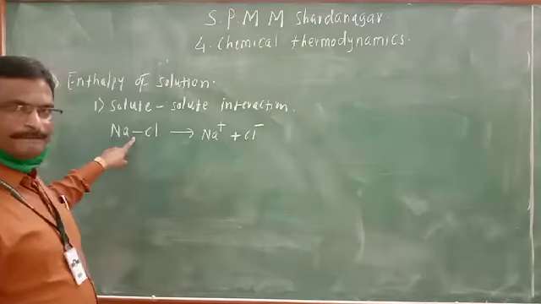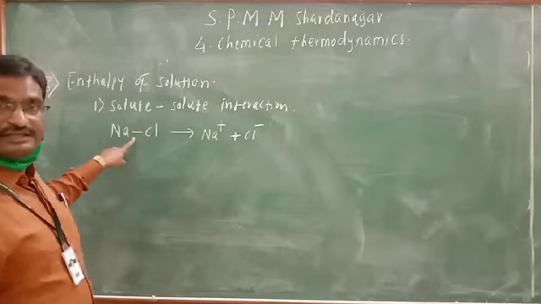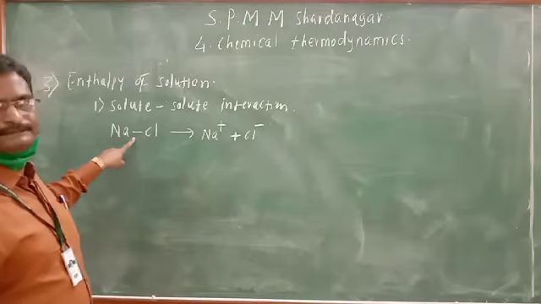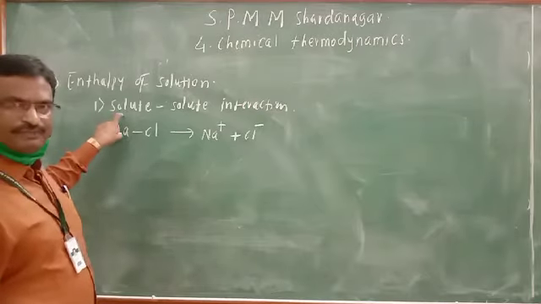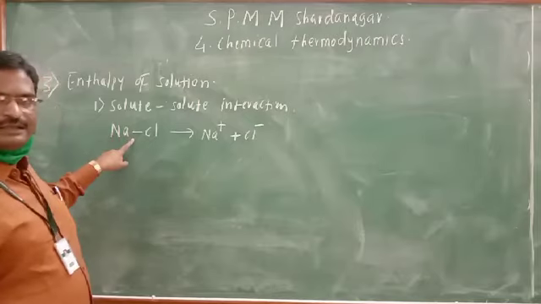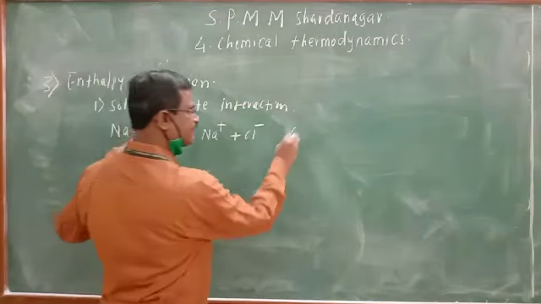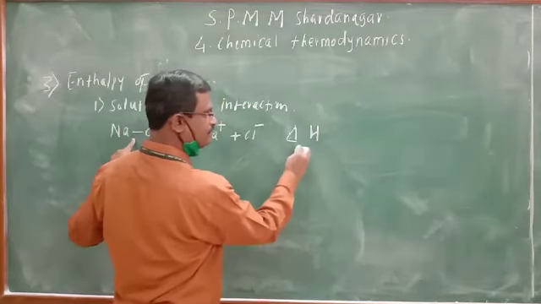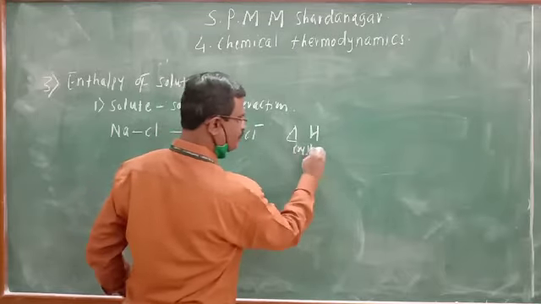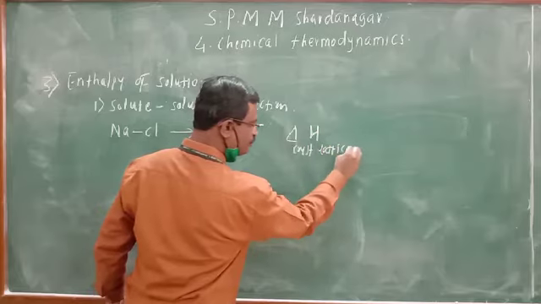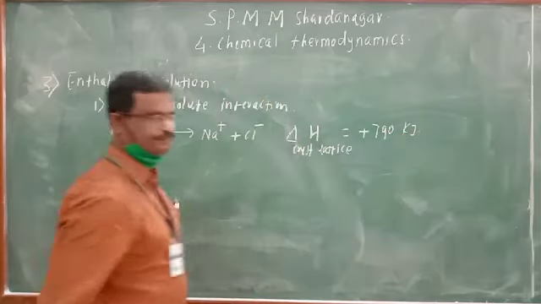For the breaking of bond, it absorbs energy, and that is known as crystal lattice enthalpy. The first step of preparation of solution is the breaking of bond in the solute particles. That is known as crystal lattice enthalpy, delta H of crystal lattice. For sodium chloride, this is plus 790 kilojoule.